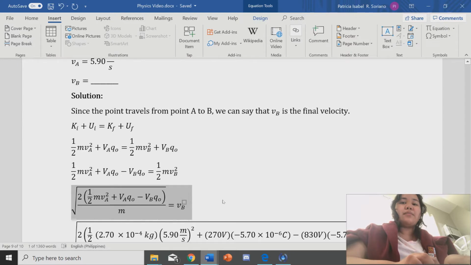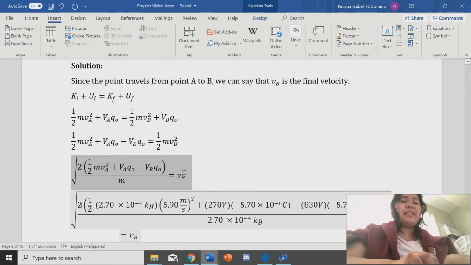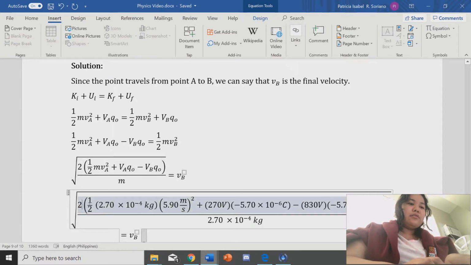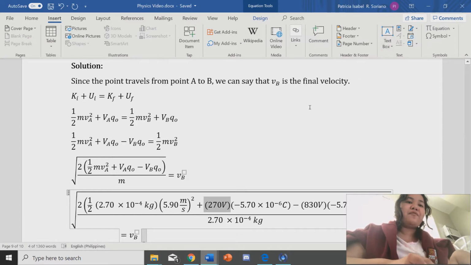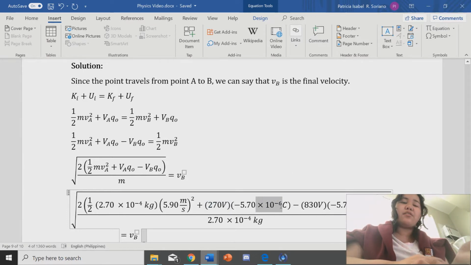And now we have to substitute everything to get our VB. Here it's quite long, so again, this is 2, 1/2, this is our mass as given earlier. This is our initial velocity, VA, squared, plus this is positive 270 volts, the electric potential at point A. And this is the charge of the particle, negative 5.70 times 10 raised to negative 6 coulombs.